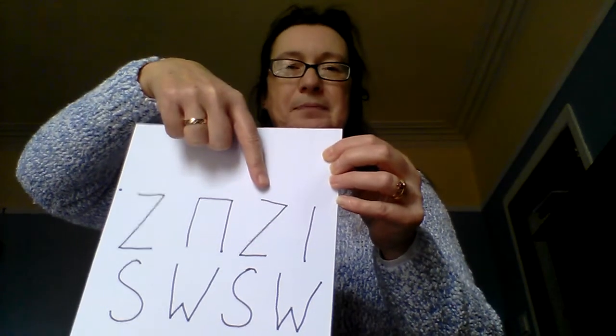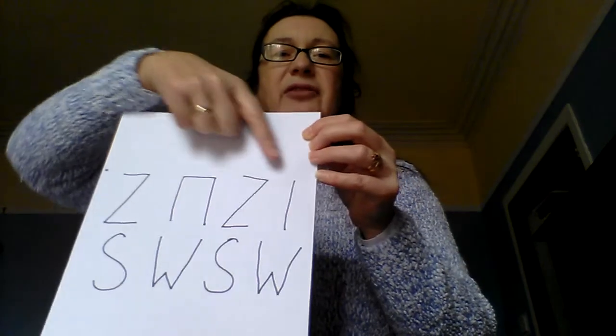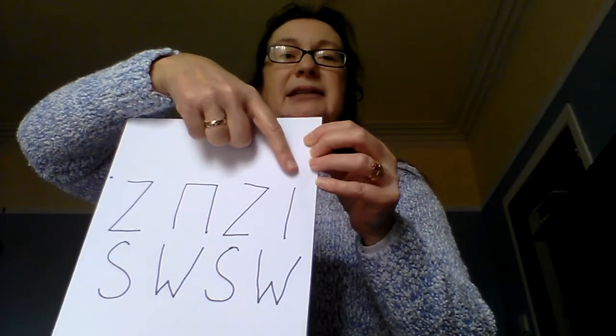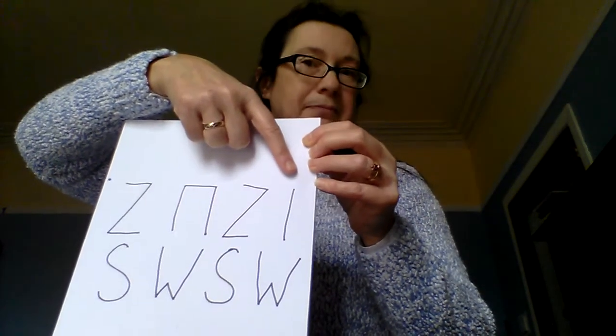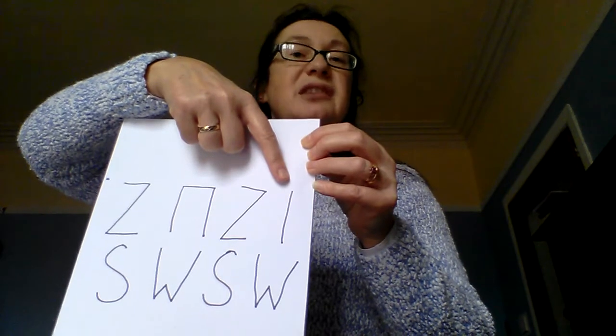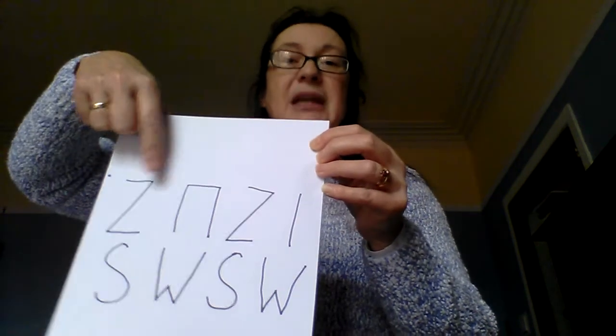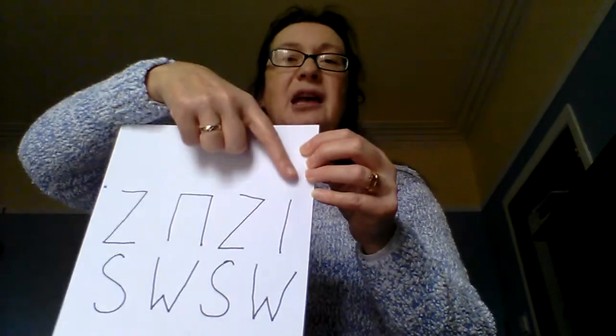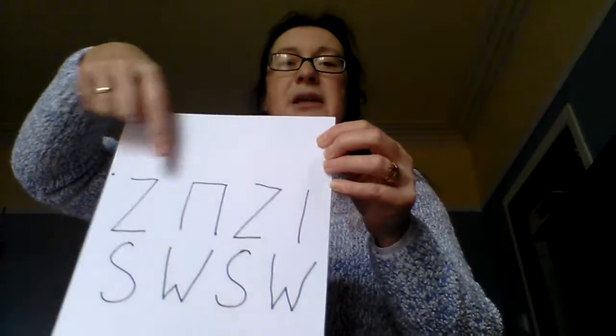Okay, so now we're going to have a look at the fourth beat. The fourth beat is just like a number 1 without the hat. This is your longer sound, so we're going to say the sound ta. T-T, ta. T-T, ta.